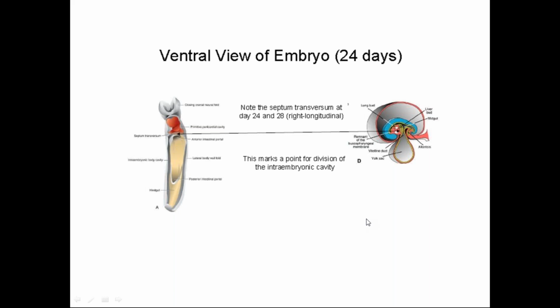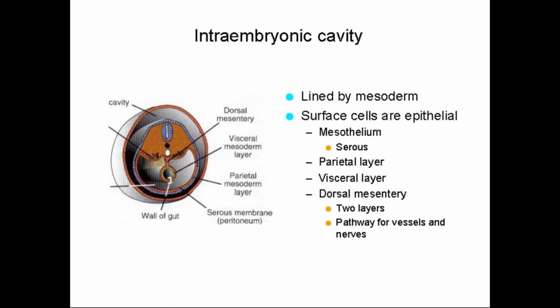This is the part which marks the division of the intraembryonic cavity. The intraembryonic cavity which was formed has to divide into two parts, an upper thoracic part and a lower abdominal part.